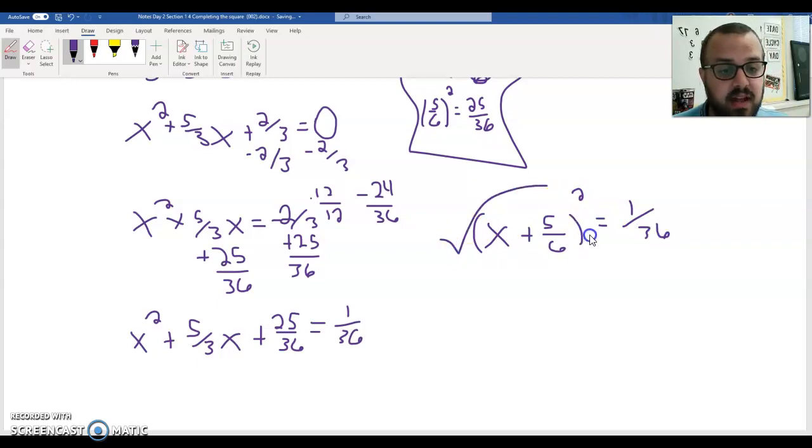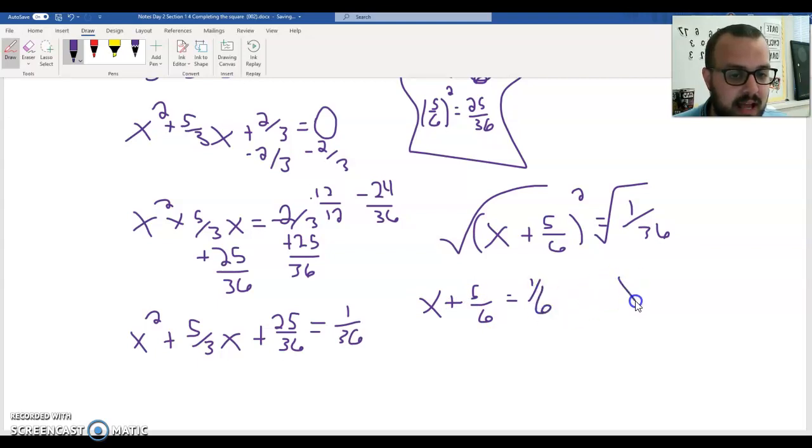So square rooting both sides, I'm going to get that x plus 5 over 6 equals 1/6, and x plus 5 over 6 equals negative 1/6. And again, that's just the square root of 1/36. Square root the top and bottom, square root of 1 is 1, square root of 36 is 6.